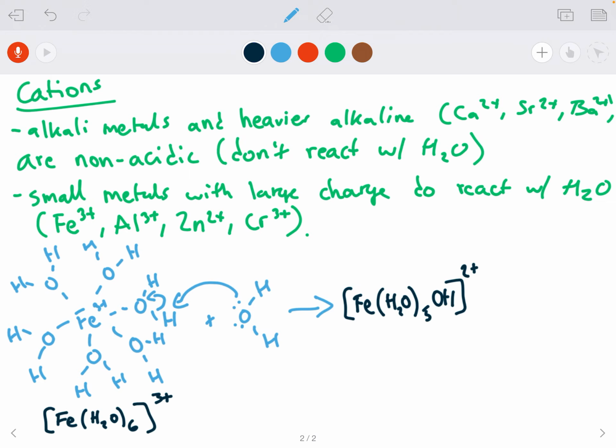But the oxygen is still bonded to the iron, so I'm not getting a hydroxide ion in solution. That's critical. I'm not getting a hydroxide ion in solution. The ion I'm getting is hydronium from right there. The water picked up a hydrogen to give you hydronium. So that's how the metals can be acidic. And you'll see in the next video I do about Lewis acids and Lewis bases how the metals are acting in this case as a Lewis acid.